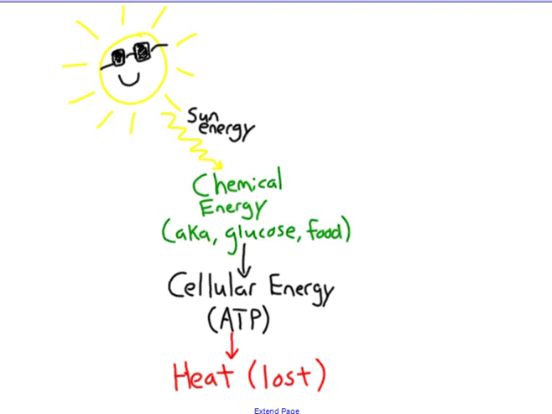The chemical energy is then converted into cellular energy, which is a fancy name for ATP, which we use to do everything, we humans, and that ATP is converted into heat energy, and that heat energy is lost. So when you do a lot of activity, you sweat, you move around, and all the ATP that you burn up in your body gets lost as heat.